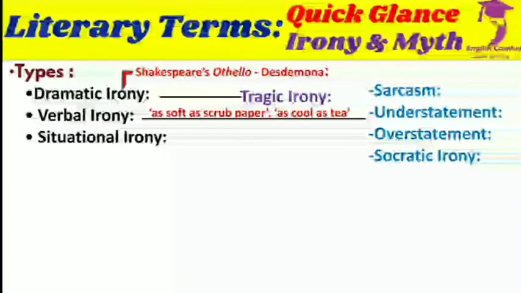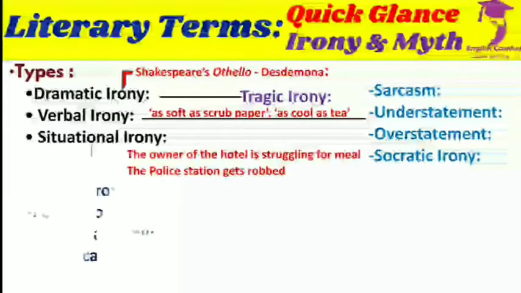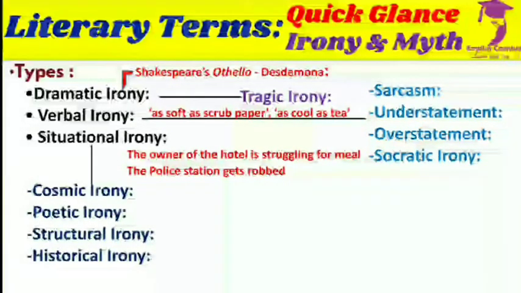Now, friends, as far as the examples of situational irony and subtypes of it are concerned, for example, we have the owner of the hotel struggling for a meal. So friends, it's highly unlikely and beyond imagination that the owner of the hotel is struggling for his own meal.